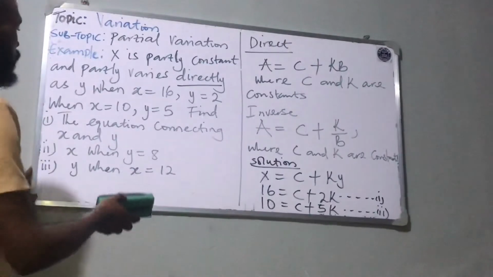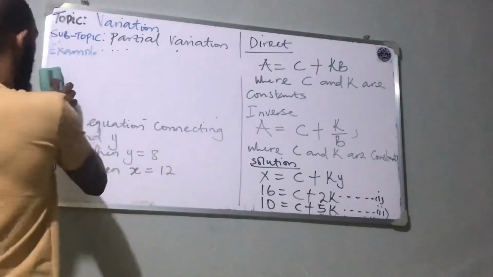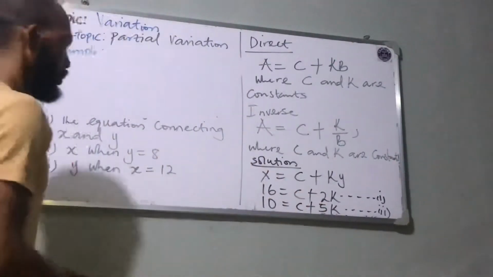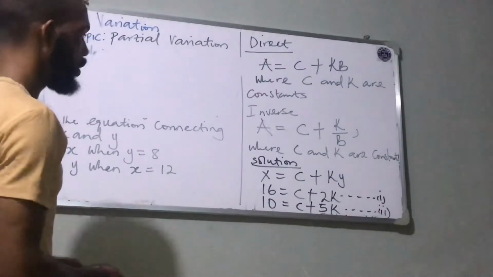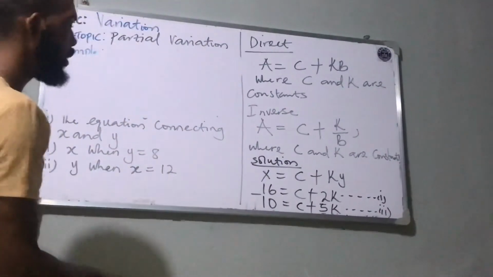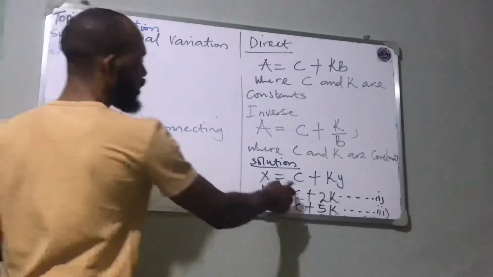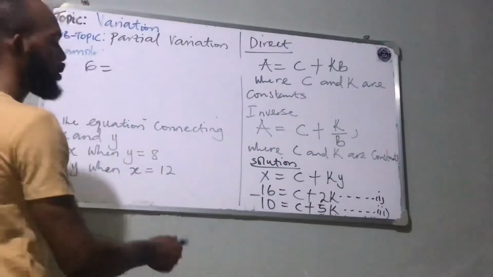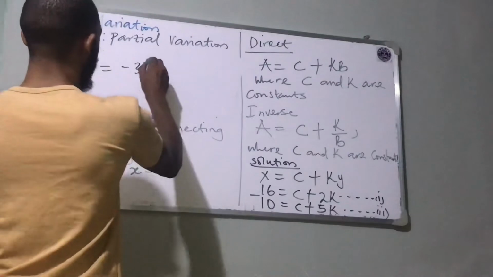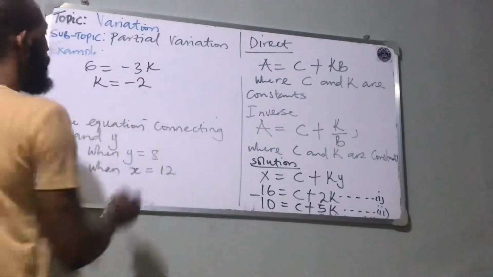So let's quickly solve that using the elimination method. From here you can just subtract. So 16 minus 10 is 6. C minus C will go, 2K minus 5K will give us minus 3K. Of course we divide both sides by minus 3 and K will be minus 2.